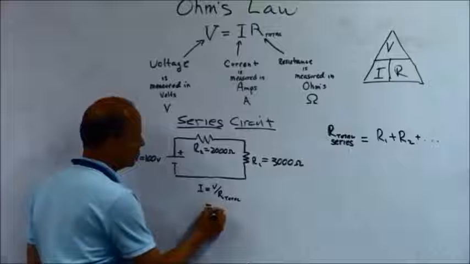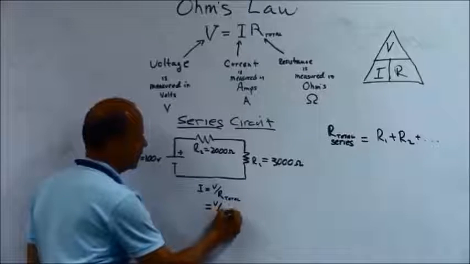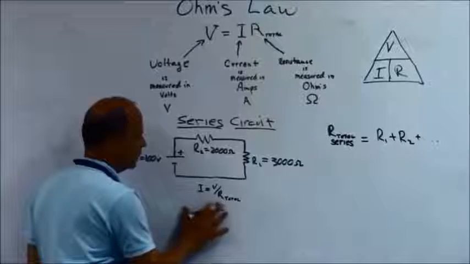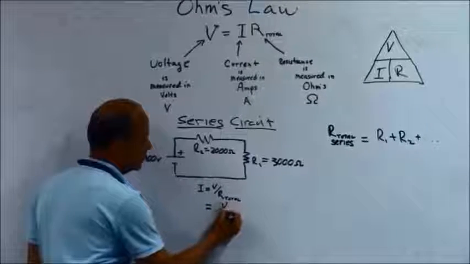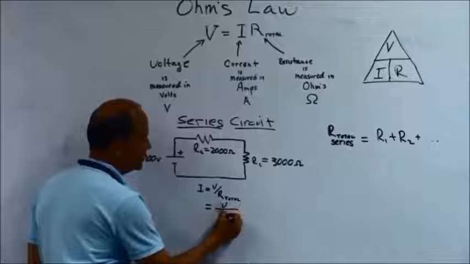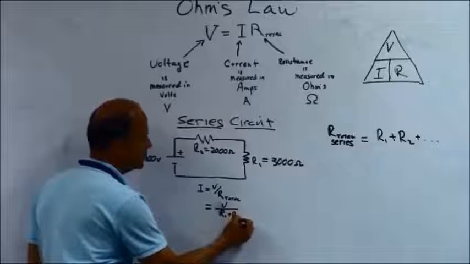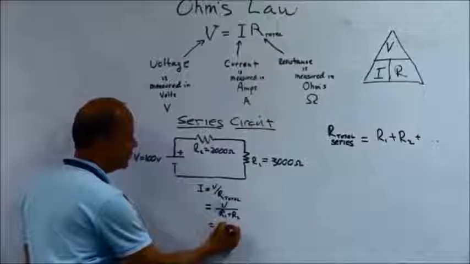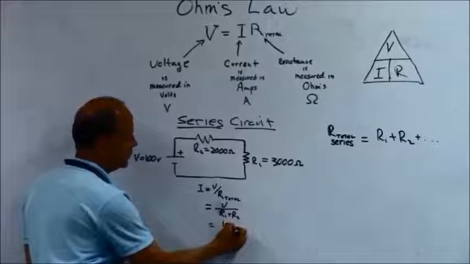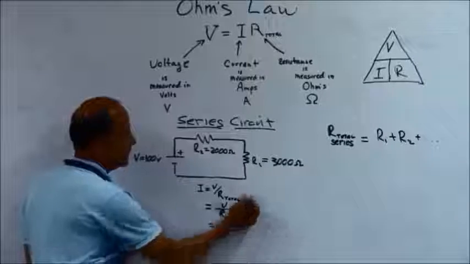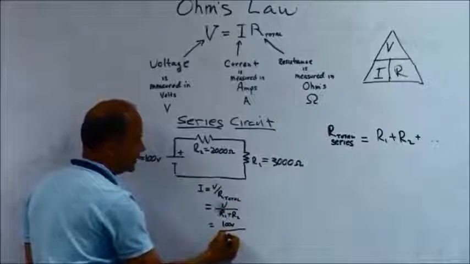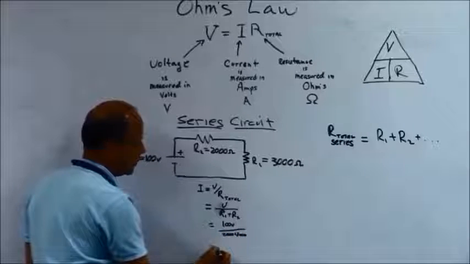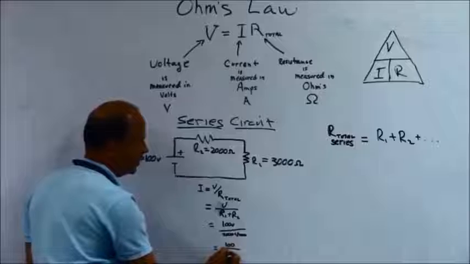In this case, it's going to be voltage over R total, which is going to be R1 plus R2, right? And so that is going to be the voltage, which is 100 volts, divided by 2,000 plus 3,000, right, is equal to 100 volts over 5,000.